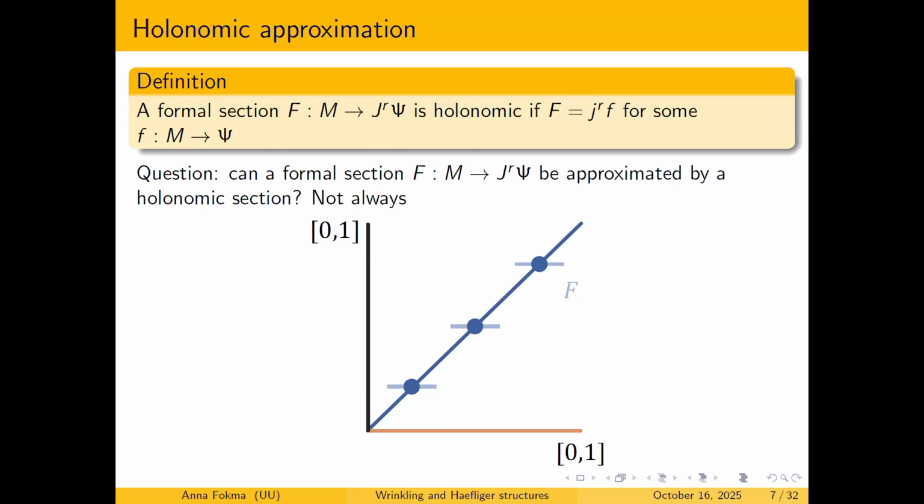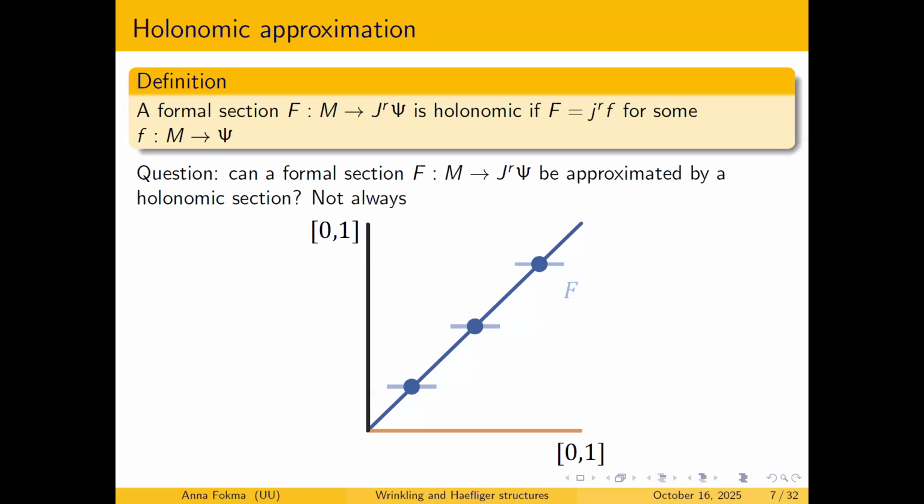So in this case, we're studying maps from and to the unit interval. And the formal section has zeroth order data being the identity, and its first order data is having zero slope. Well, this is not a holonomic section itself, because if you're a map between the unit intervals and your zeroth order data is being the identity, then you have slope 1 and not slope 0.